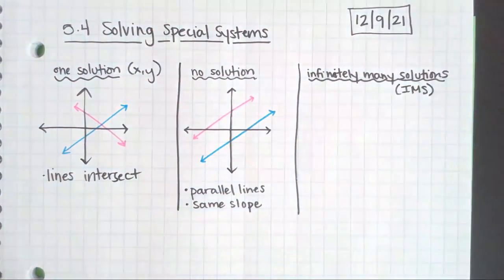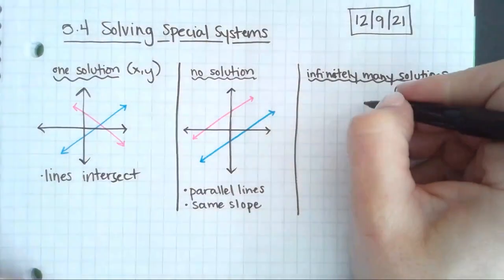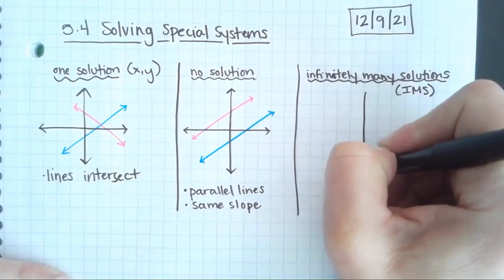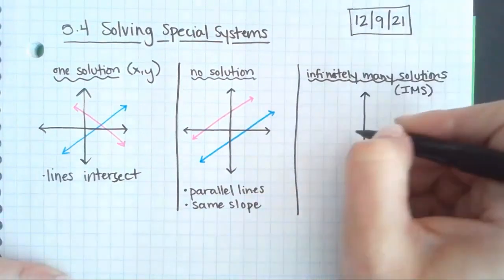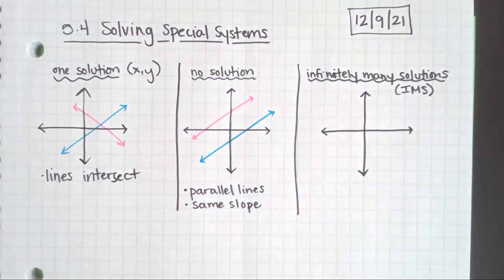That stands for infinitely many solutions. Bless you. And this occurs when what looks like a system is actually two of the same line. So it won't be in simplest form, or if you rearrange it, you get into slope-intercept form, it forms the exact same line. So they'll both be like y equals 2x plus 4.